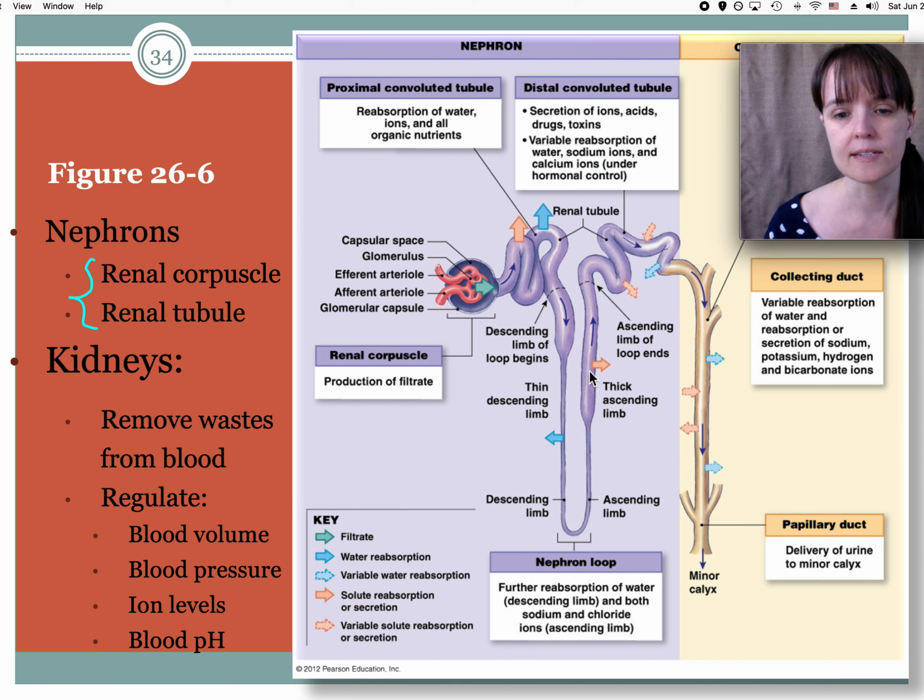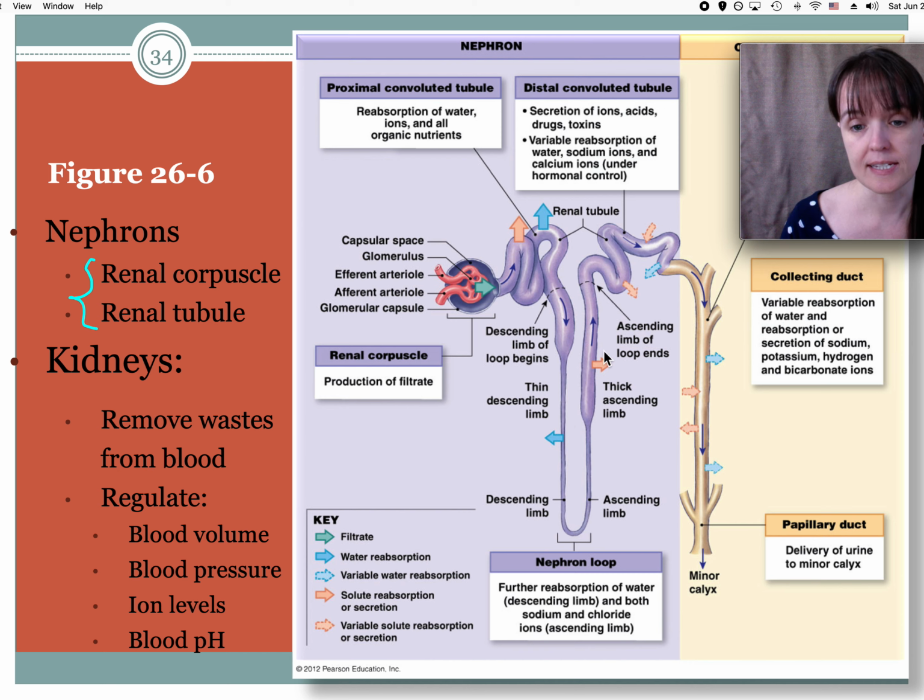So what this tubule is going to do, and tube is wrong on the lab test, it needs to be tubule. The proximal convoluted tubule primarily reabsorbs the good stuff that was in the filtrate that our body wants to keep, like ions and nutrients like sugars and things. Amino acids probably should be there.